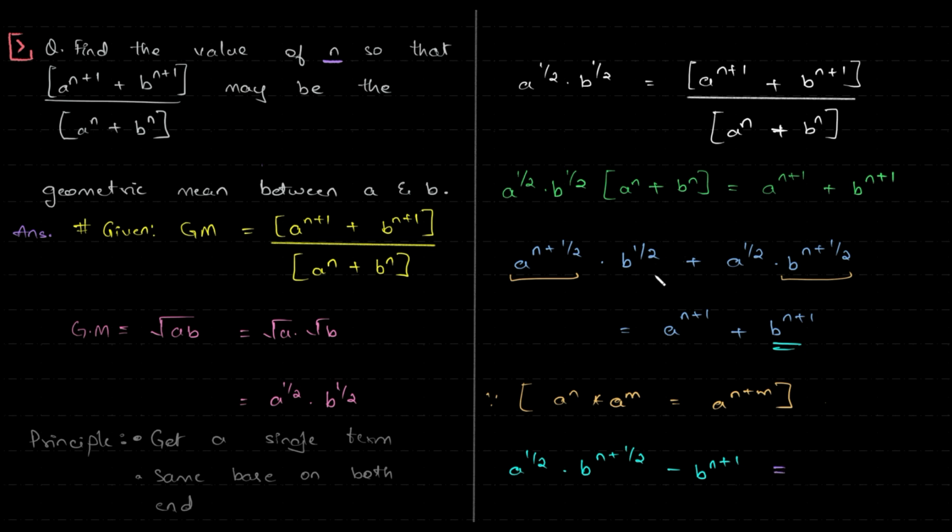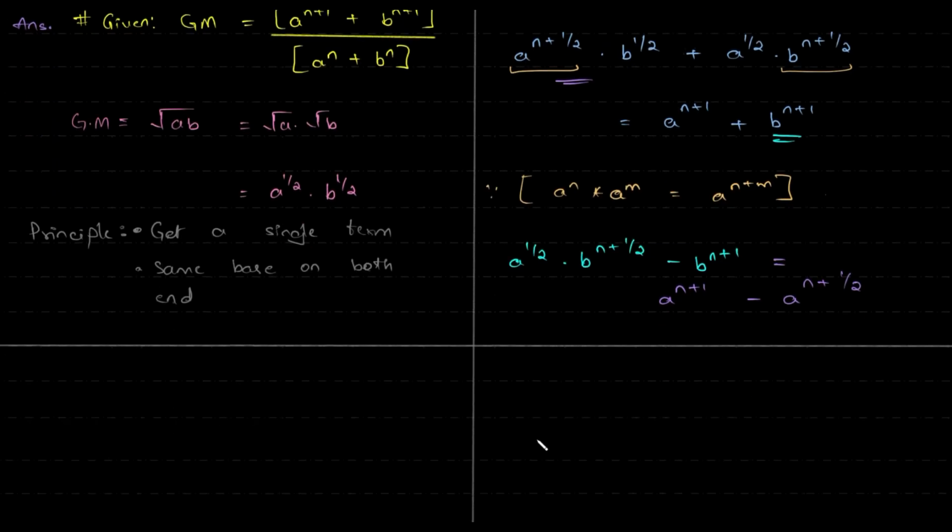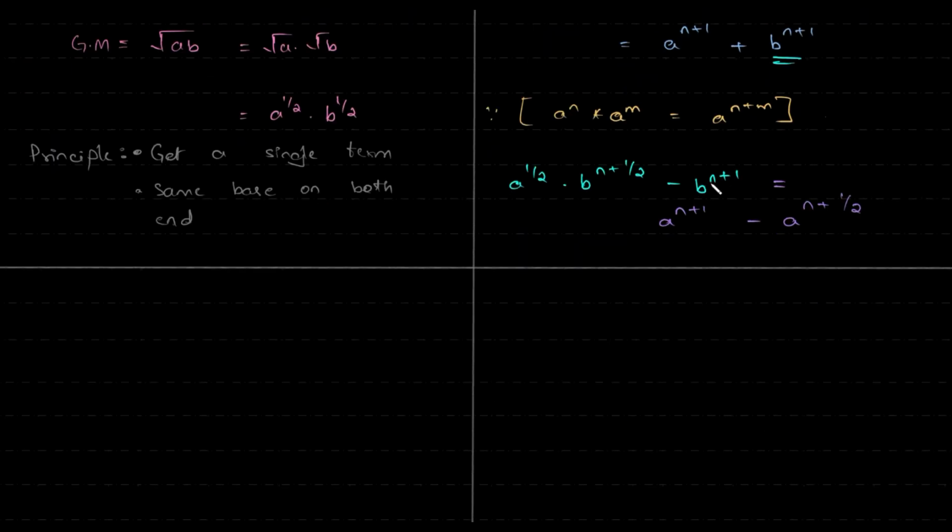And I'm transposing this onto the RHS. So a to the power of n plus 1 minus a to the power of n plus half. Right? Okay, this is where the tricky part comes into the picture. How can I relate b to the power of n plus half and b to the power of n plus 1? Think about it. It's not that hard, but yeah.